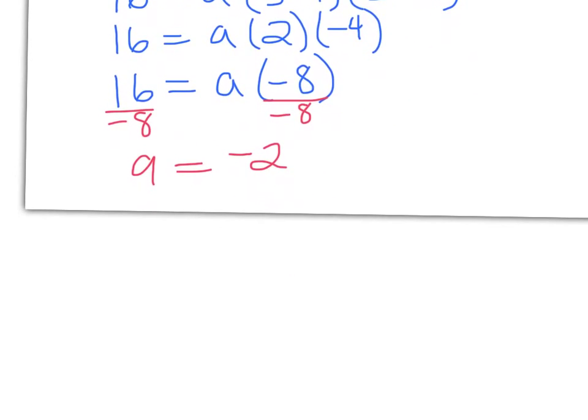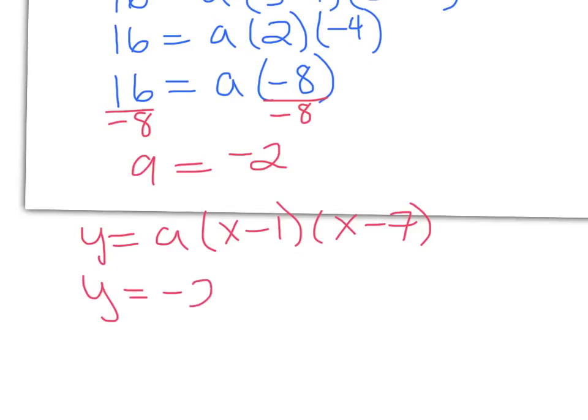All right, so now let's figure out the rest of this. If we recall, we started with y = a(x - 1)(x - 7), and plug in the -2 in place of the a. And you've got your (x - 1)(x - 7) there.